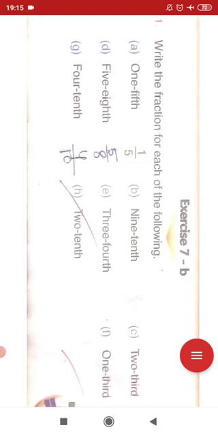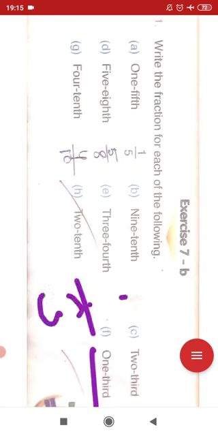Here you can see the name one-third, that will be the fractional number. So we can represent a fractional number using words, and that will be the name.